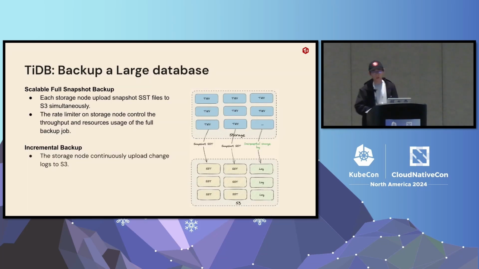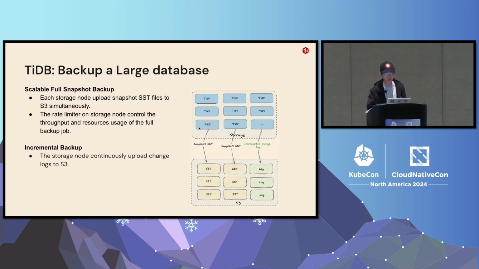And backup is also a challenge for a large database, and we want to make it scalable. So from the storage layer perspective, for the full snapshot backup, each storage node will upload the snapshot asset files to S3 simultaneously.